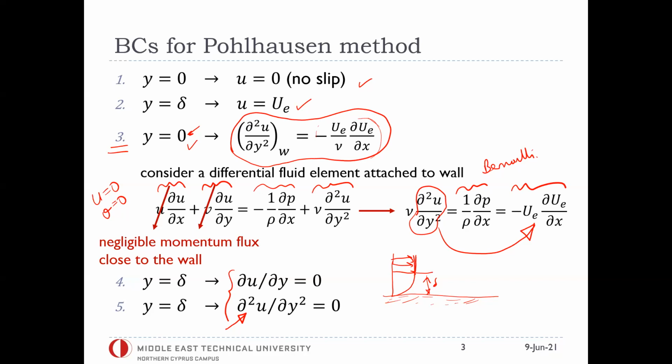If you remember, we used only the first 2 when we assumed a linear velocity profile. A linear velocity profile is basically a 1st order polynomial, yes? So we have 2 coefficients, so we need 2 conditions. We used the no slip condition and the second condition here.